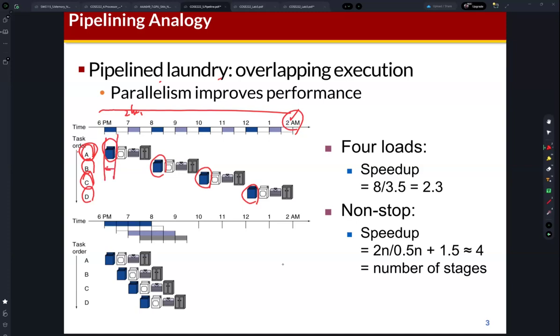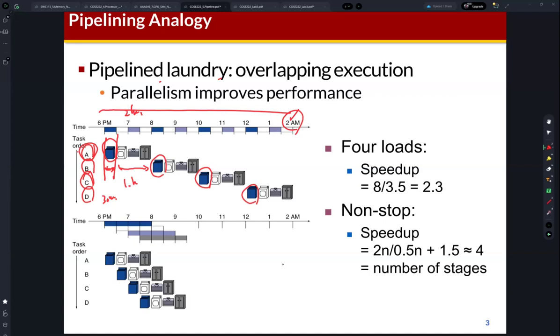What's the problem? The washing machine is only utilized for these 30 minutes, but for the remaining 1.5 hours, the washing machine is idle. So we do not use the washing machine.